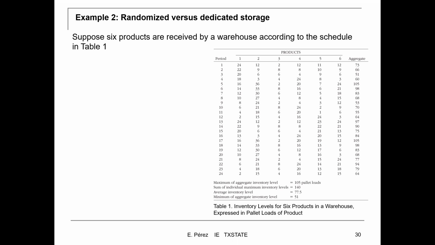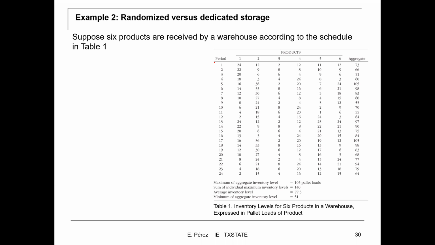And we're gonna do that based on this example, in which suppose you have 6 products received by a warehouse according to the schedule in table 1.